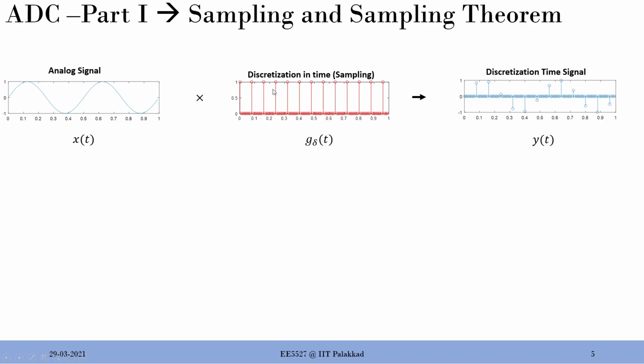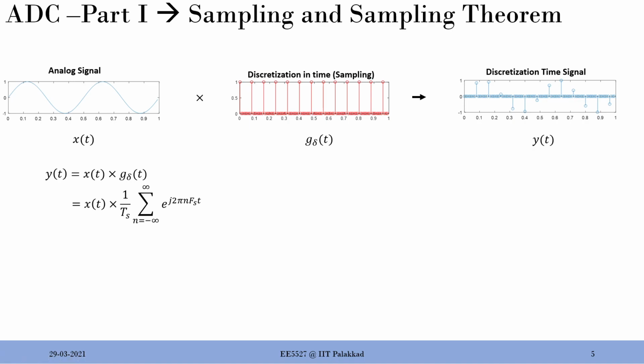Okay, so now this is the expression. I hope there is no confusion here. y of t is your discretized time signal, equivalent to your analog signal x of t multiplied by the delta train.